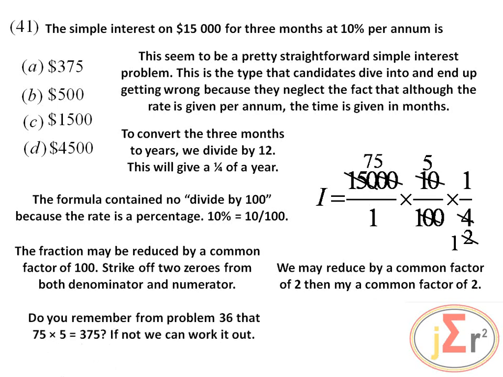Do you remember from the previous problem, that is problem 36, that 75 multiplied by 5 is 375? We could just throw that in based on memory. But if you did not remember, we still could work it out. $375. The correct answer is option A.